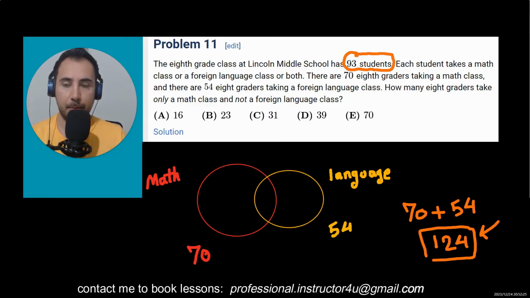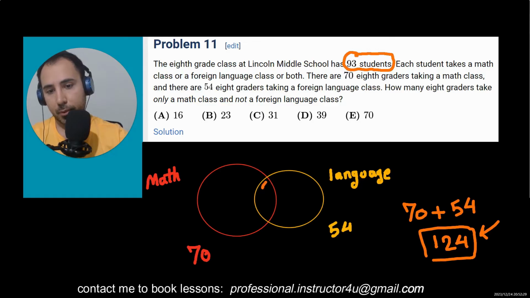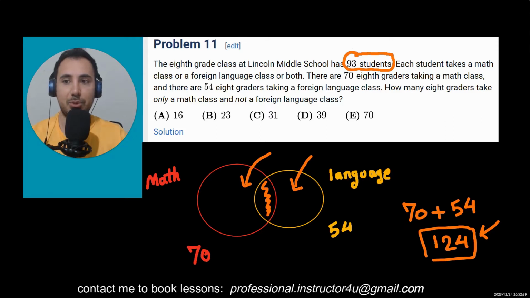What just happened? The problem is there are some people who take both, and we're counting these people twice. They appear in math class and they appear in language class. So we're counting these people in the middle 2 times. How do we find the people taking part in both classes?